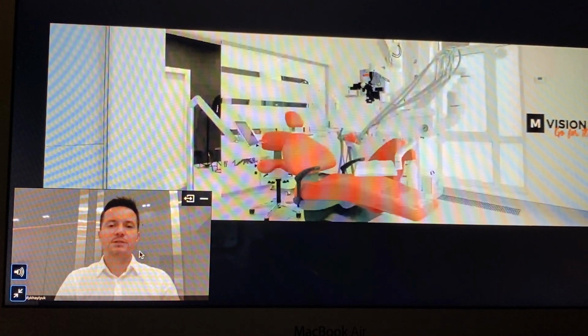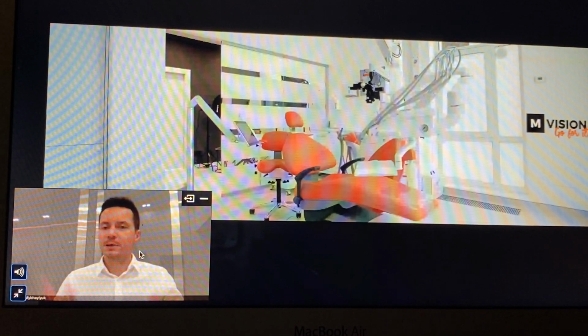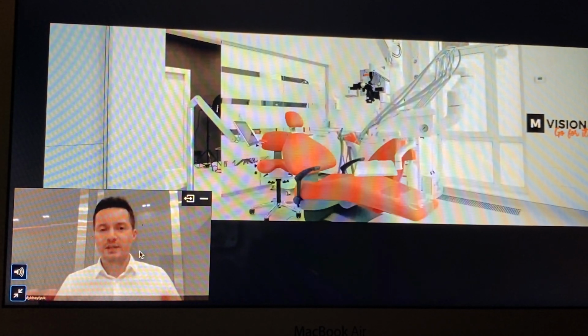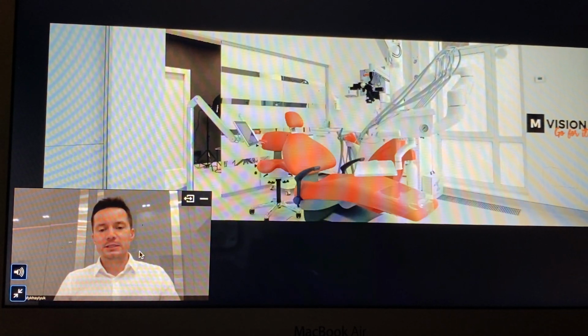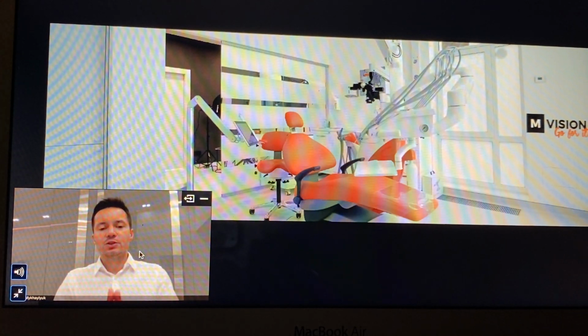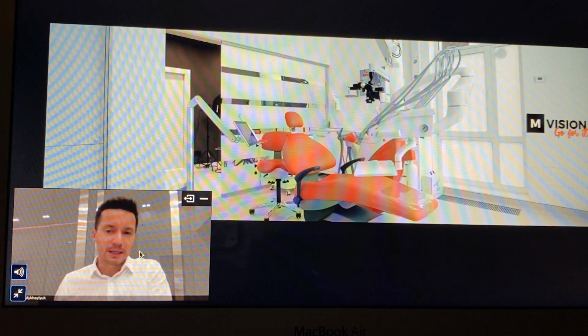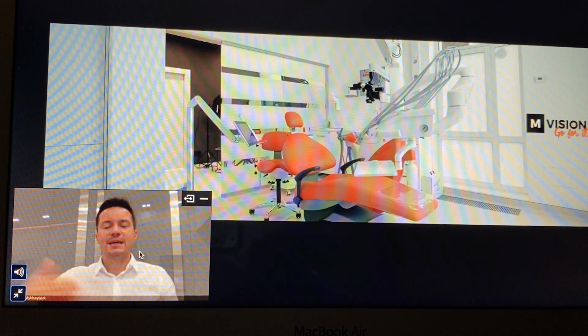So our point is not to have hundreds of people coming to the office and doing 1 filling each. Our point was to start making big cases, big smile upgrades. So the person decides to do the treatment, we do everything as perfectly as possible clinically, and then we just take care of the case.